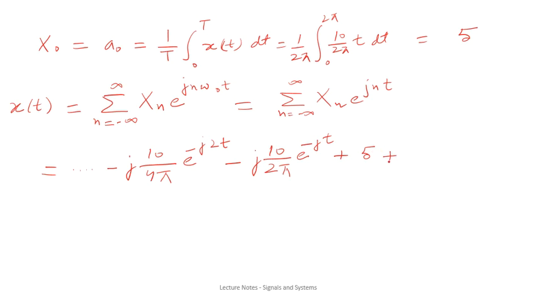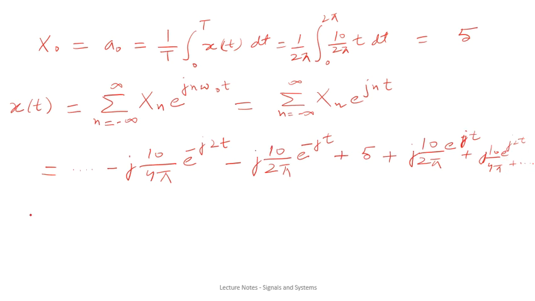This will be 5, plus j times 10 upon 2 pi e raised to the power j t, and plus j times 10 upon 4 pi e raised to the power j times twice t, and so on.